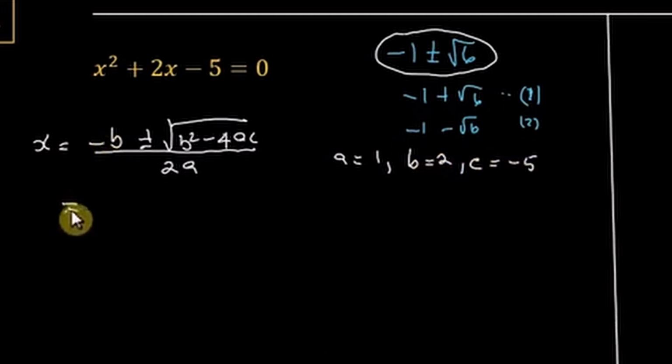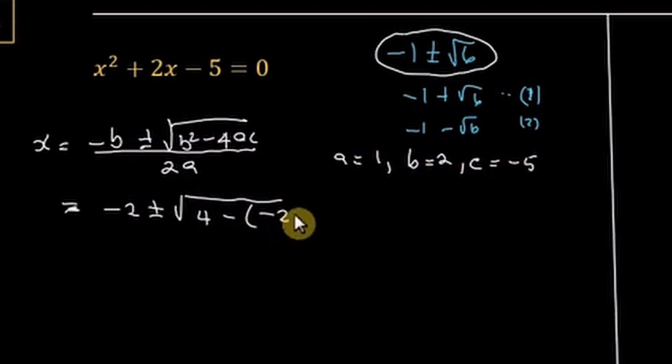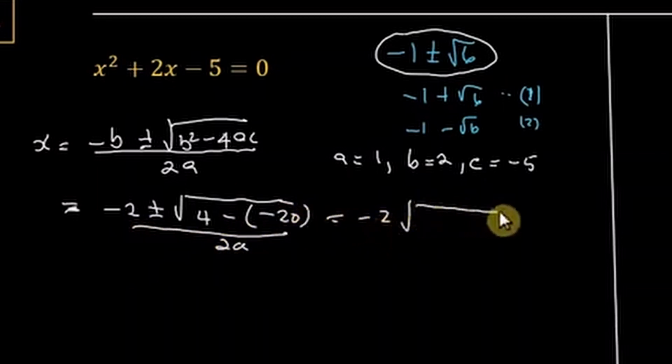We have x is equal to negative b, so that will be negative 2 plus or minus the root of b squared, so it's 2 squared, which is 4, minus 4ac, so it's 4 times 1 times negative 5, which is negative 20, all over 2a, where a is equal to 1. So we could write negative 2 plus or minus the root of 24, all over 2. Let us see if we could simplify this further.